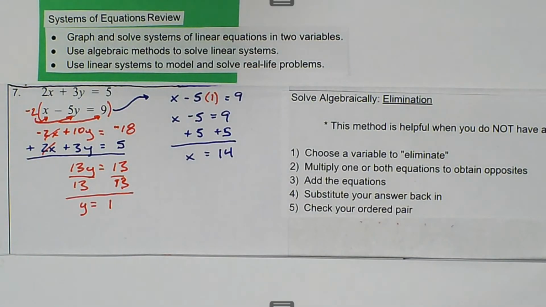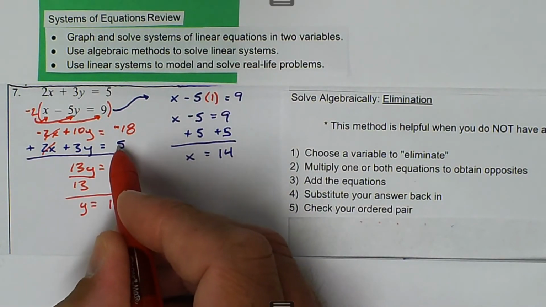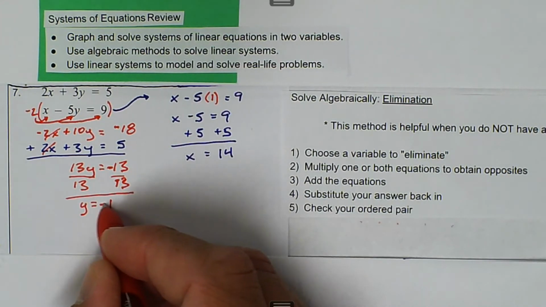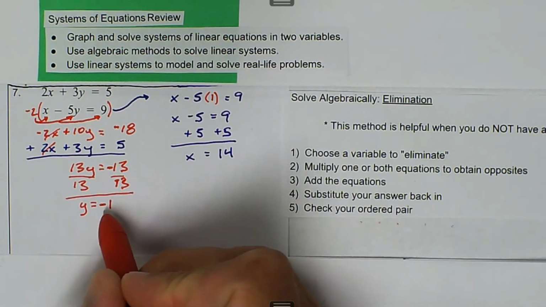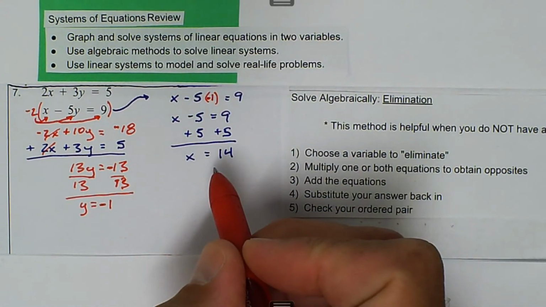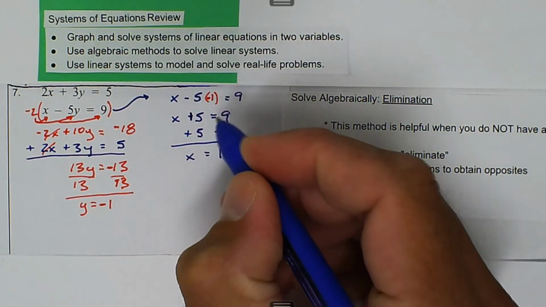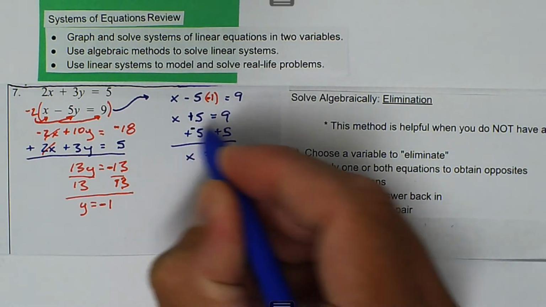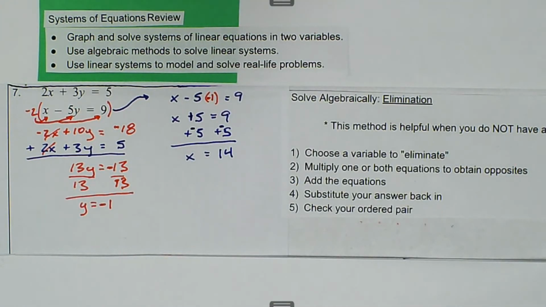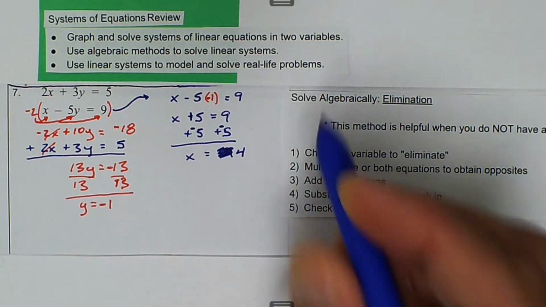Oh, right here, I got a mistake. -18 plus 5 is -13, which is -1. So y is equal to -1. So when I substitute in a -1 into the equation, this becomes +5. And so we have to add a -5 to both sides, which then this just becomes 4 and not 14.